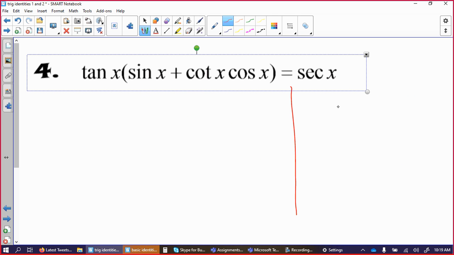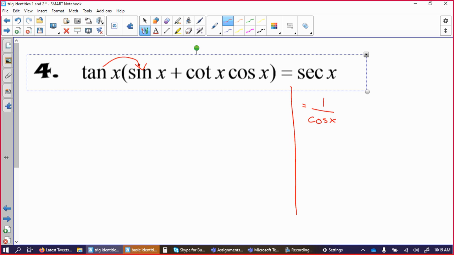So this is another one that looks like a bunch of expansions because I've got that plus sign. Who knows, things could go a little wonky. I'm going to do one thing with this just because I know this also equals 1 over cos of x. That may be the easier thing to do because I've got tans and cotans. When I have tan, sine, and cosine, I'm probably going to put it into sines and cosines.